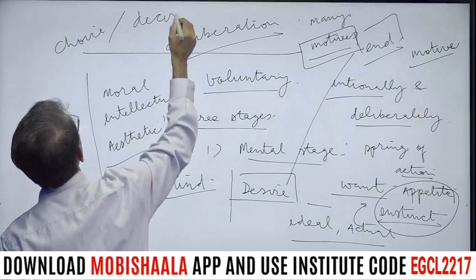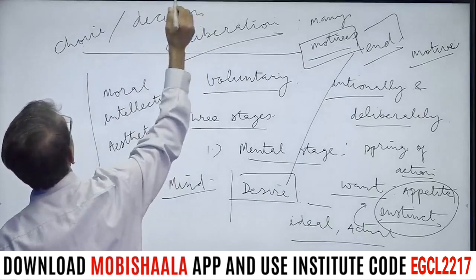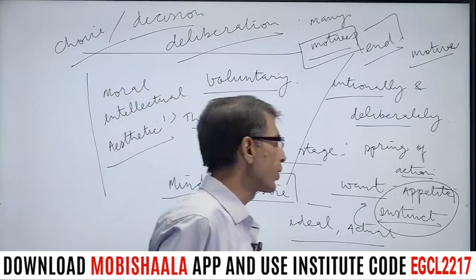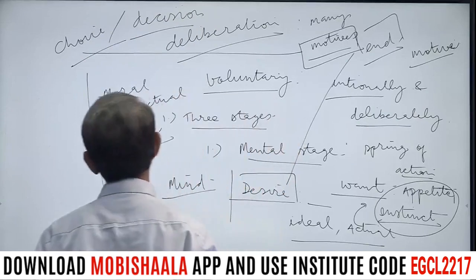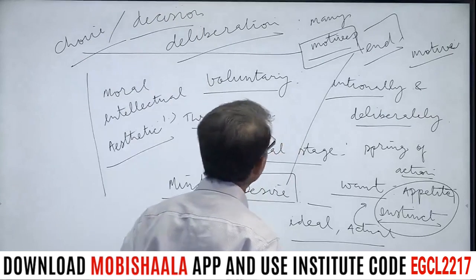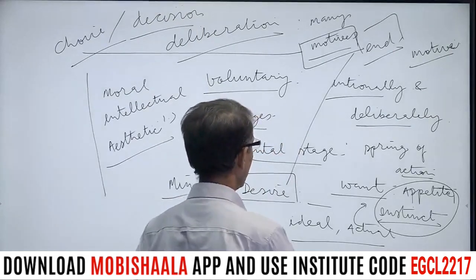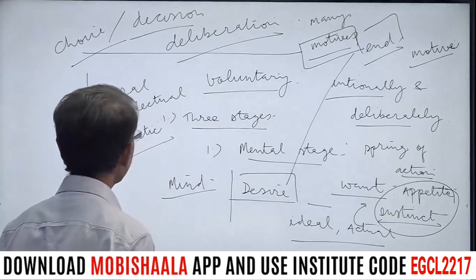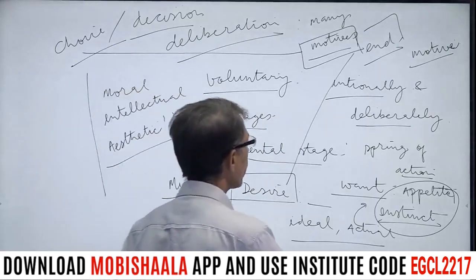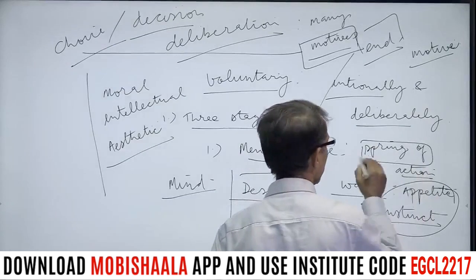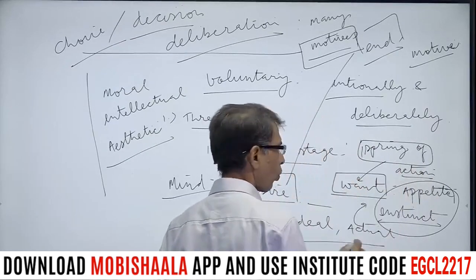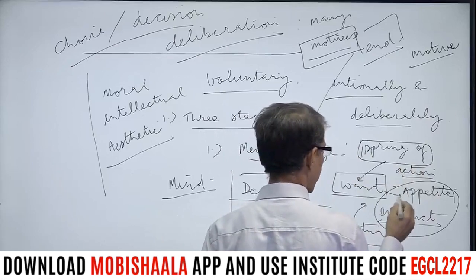Then comes the decision. So now what have we understood? The very first thing we have understood in voluntary action. What was the first thing? A spring of action. Then this spring of action comes from want. Want comes from your appetite.